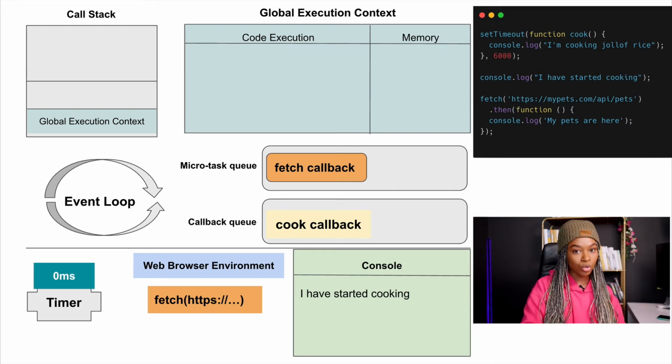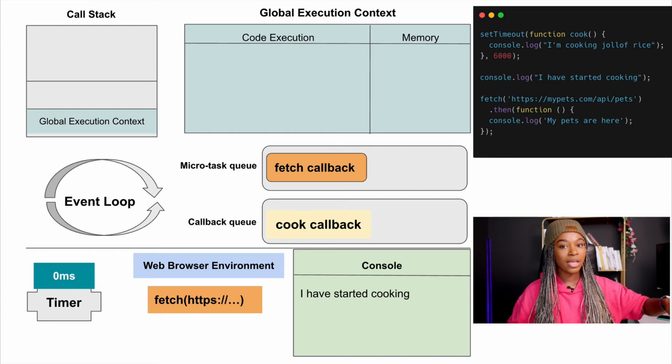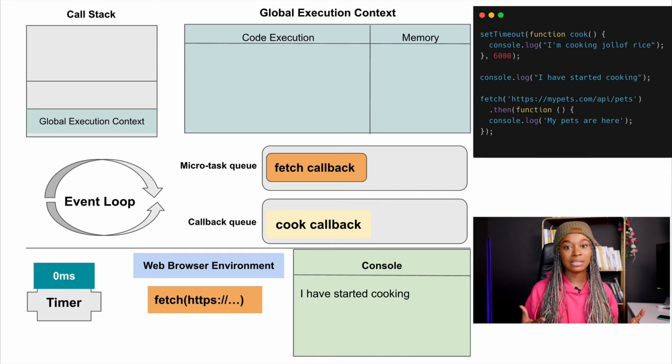That means all the normal code in our program has to run first before any of these callback functions leave the queue. It only adds callback functions from either of these queues, starting with the one that has priority, when the call stack is empty.